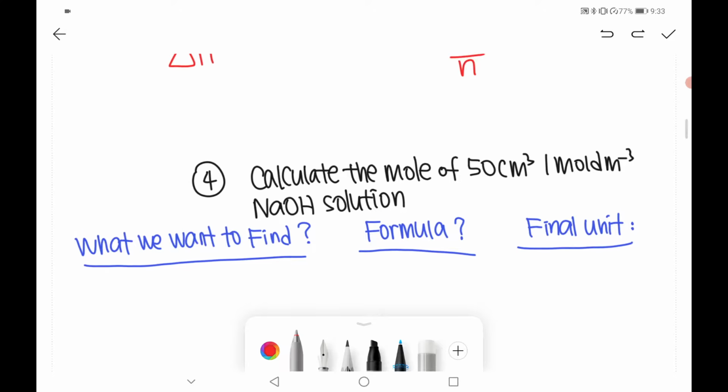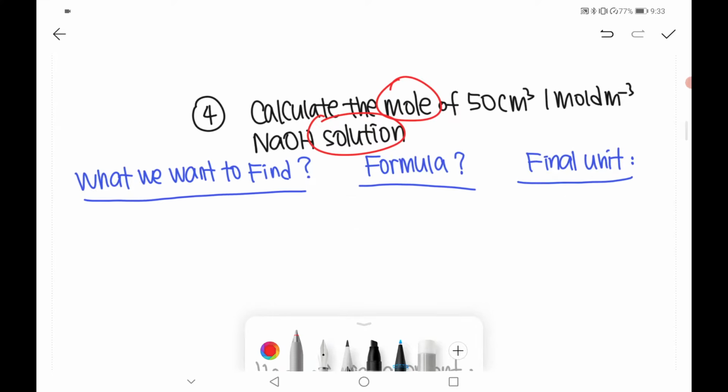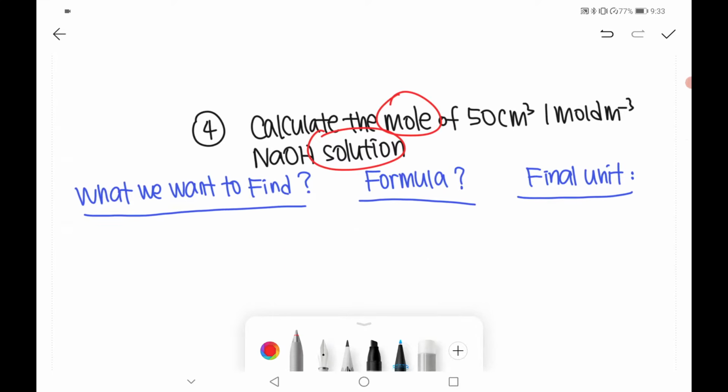Now we are looking for the mole of the solution, so we are looking for small n, the mole. To find mole of solution, we use n equal to MV over 1000. This is the formula that we use to calculate the mole for a solution.